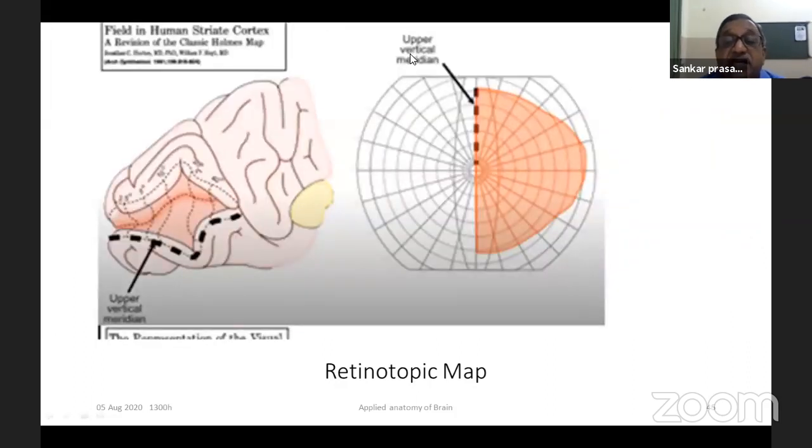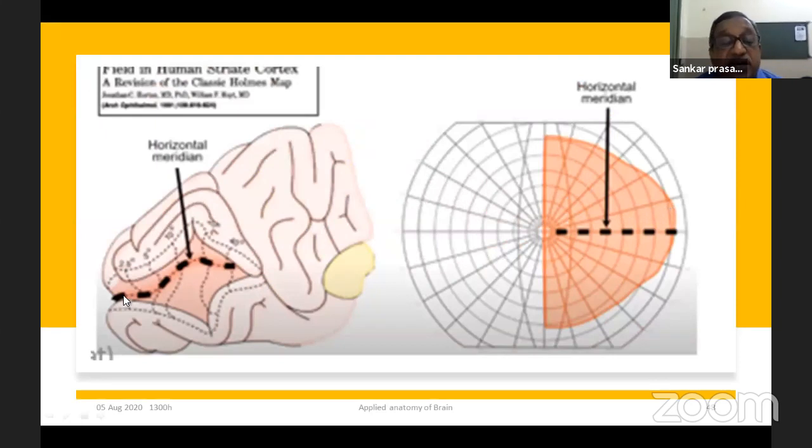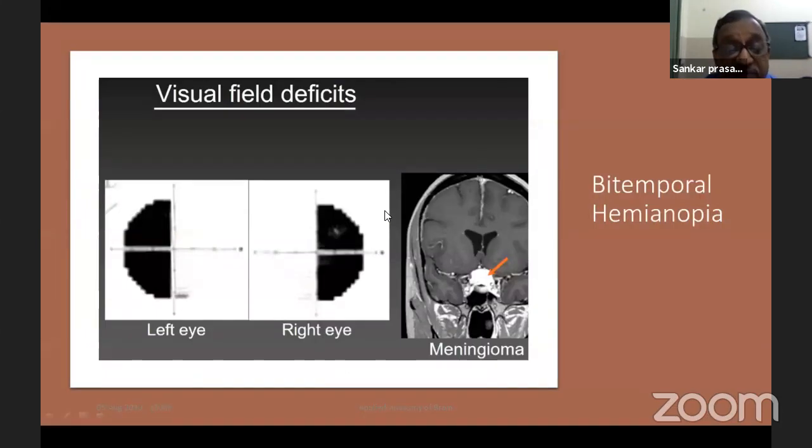And similarly, the vertical meridian is represented here, and the horizontal meridian is represented, and the lower vertical meridian is represented in the superior portion of this striate cortex, and this is the horizontal meridian, which is in the depth of the sulcus. So retinotopic maps are to be kept in mind when you are assessing the visual function.